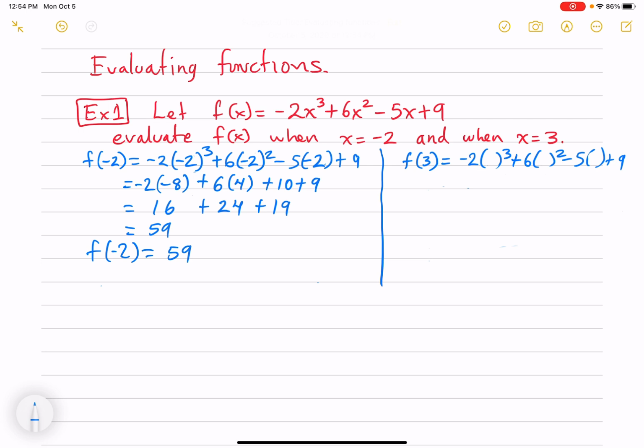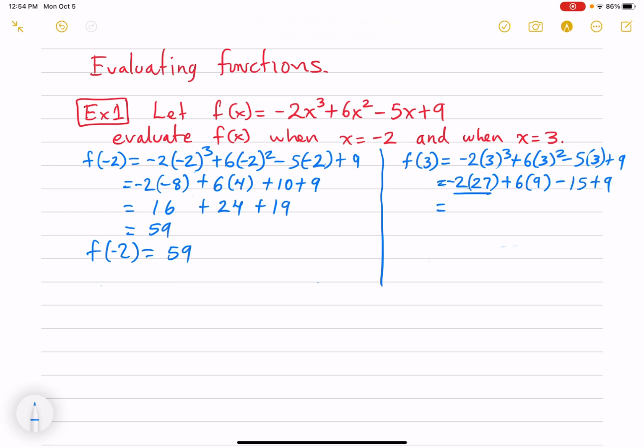Evaluating when x equals 3 is the same thing, but this time we're going to change every x. Every x is going to be substituted by a 3. And do it carefully. 3 to the 3rd power makes 27. Then we multiply that times -2. 3 to the 2nd power is 9. 6 times 9. And -5 times 3 is -15.